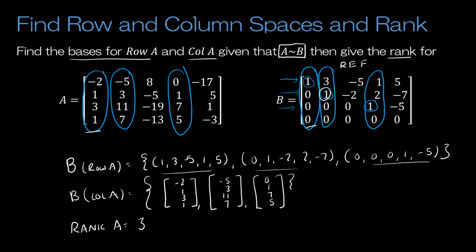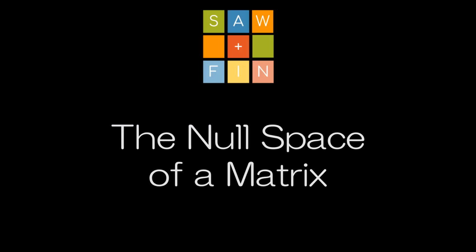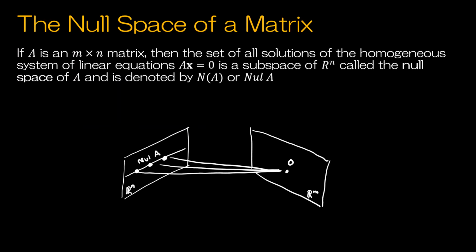Again, those columns correspond to those leading 1 columns, sometimes called pivots. Some of the textbooks call these leading 1s pivots. So we're looking for the columns that contain the pivot. Again, I want you to note there's 1, 2, 3 column vectors in the basis of the column space of A, and that corresponds to the rank.